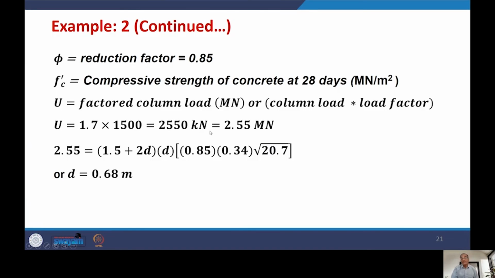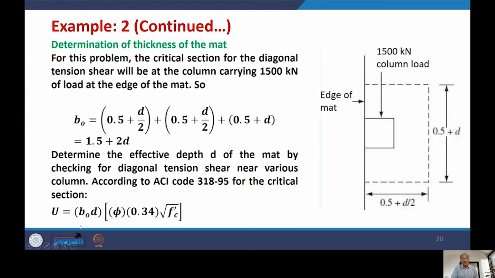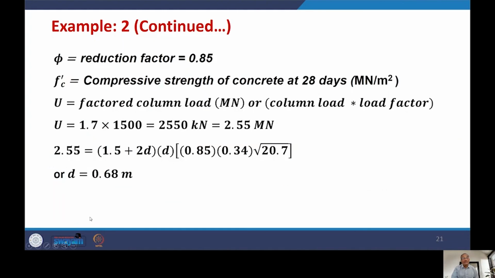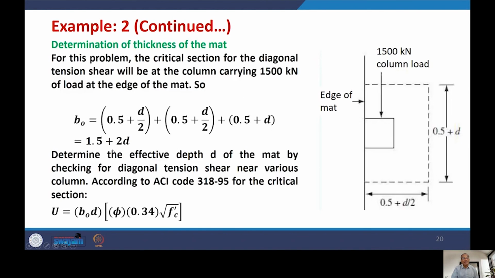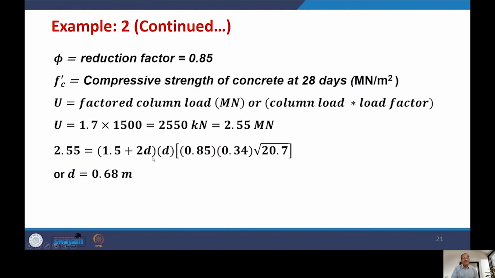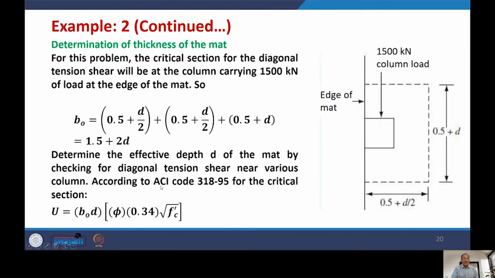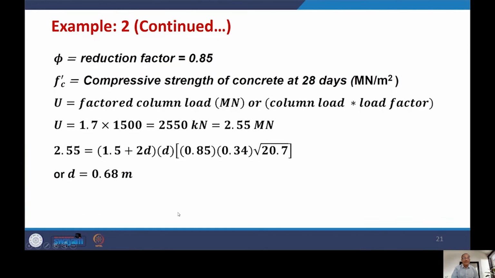Once you have this U value known to you, then you put all the numbers in this equation. 2.55 equals b naught D, and b naught is nothing but 1.5 plus twice D, and then D is again 0.85 times 0.34 into fc prime. So fc prime is already given to you.